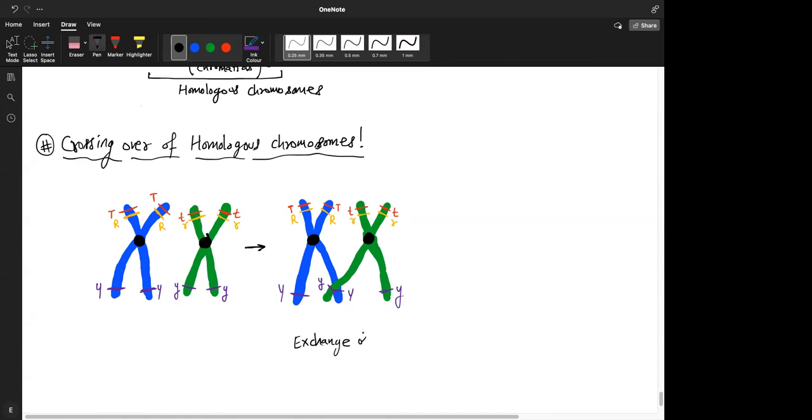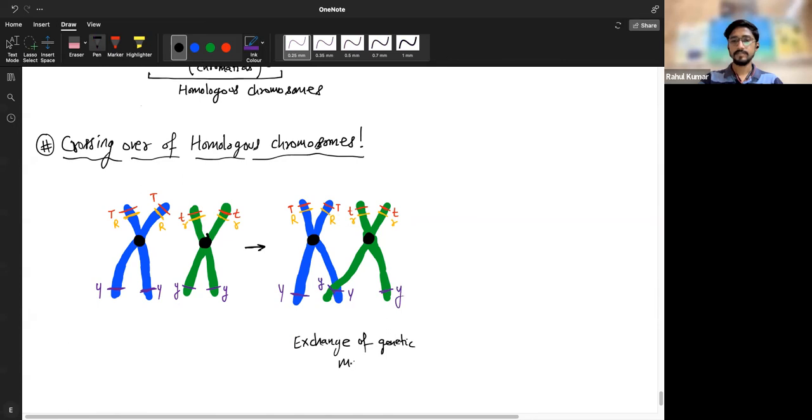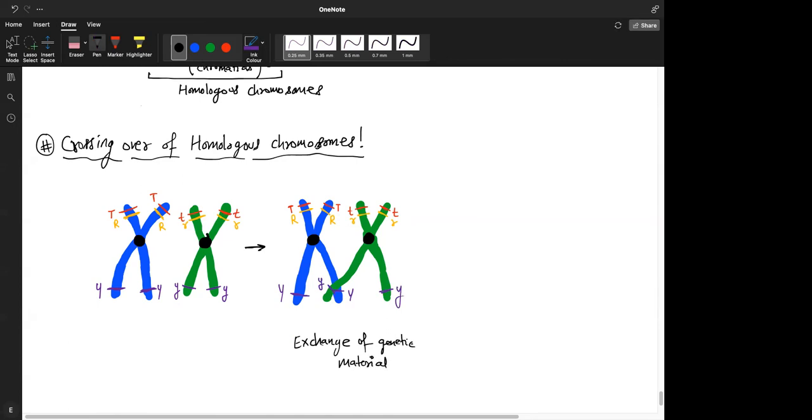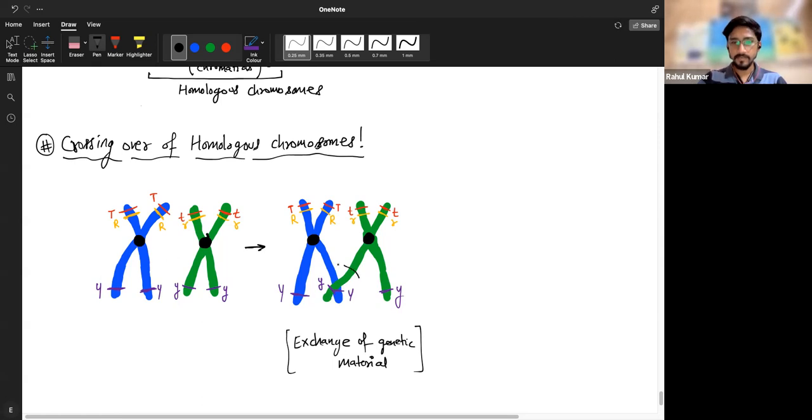Exchange of genetic material. Can we say synapses? No, synapses is for neurons. Okay. We call it exchange. And this thing that you see here, this crossing over, is called chiasmata.